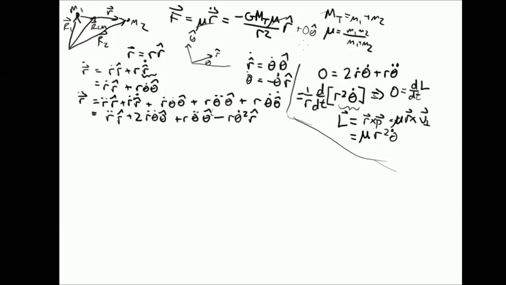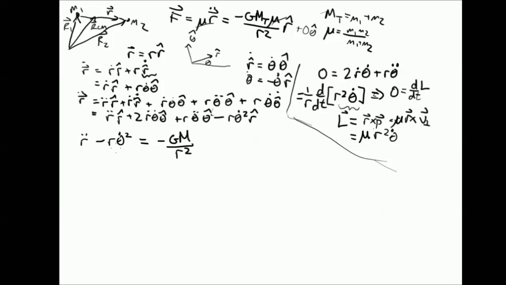Okay, so now we take the r hat equation. This is going to be a little more effort. And so we collect the terms from this over here. We have r double dot minus r theta dot squared is equal to negative G, I'm going to drop the subscript t, over r squared. Right.